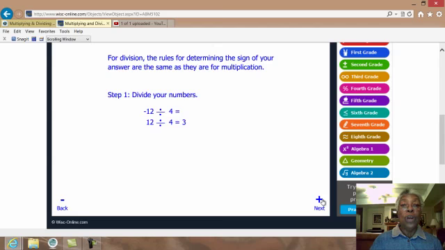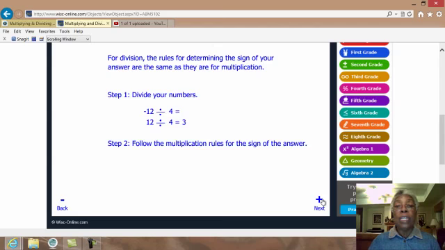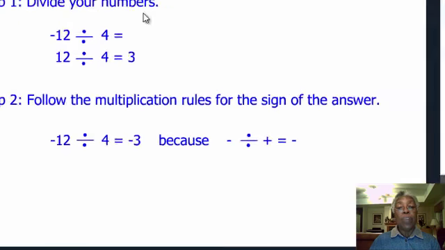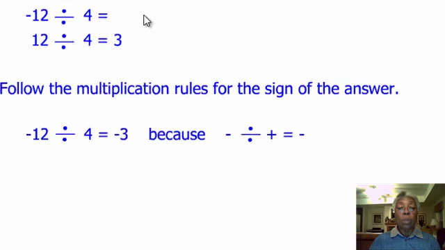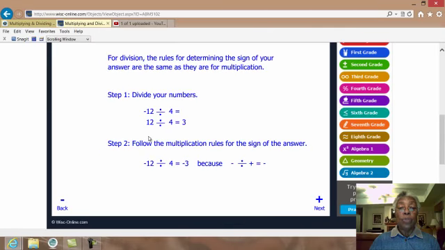For division, the rules for determining the sign of your answer are the same as they are for multiplication. Step 1. Divide your numbers. A negative divided by a positive equals a negative. 12 divided by 4 equals 3.